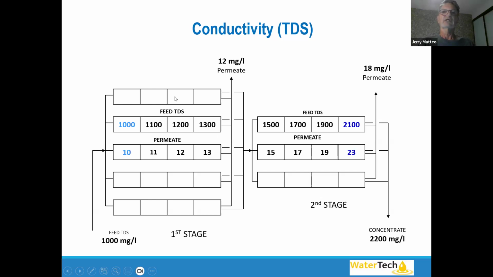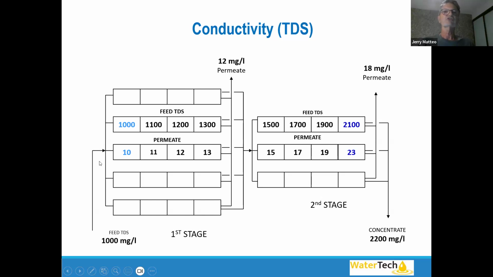This shows all of our vessels have 4 membranes, 1, 2, 3, 4. Remember I mentioned you could have 6, 7, but 4 is common, especially in industry, 4 to 6. So this particular system has 2 stages of vessels, 5 vessels in the first stage, 3 in the second. Every vessel's got 4 membranes in it.